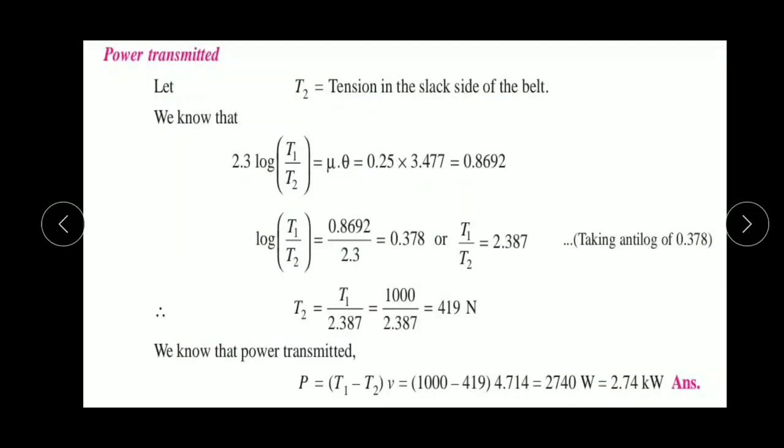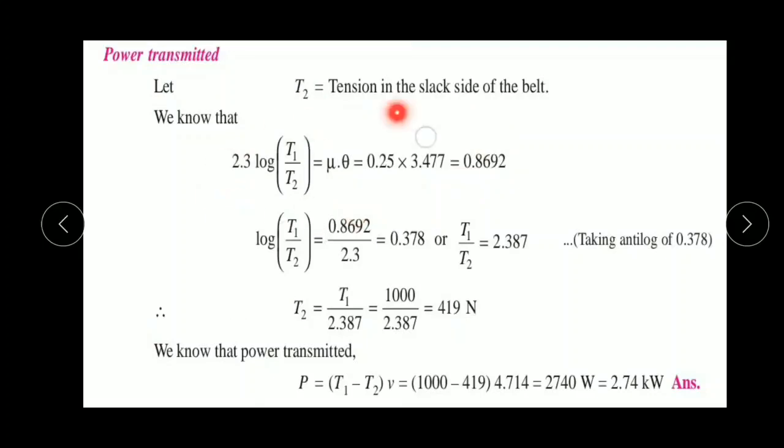And the last one we have to calculate is the power transmitted by the belt. We know the formula for the power transmitted by the belt, P equal to (T1 minus T2) into velocity of the belt. Given that T1 equal to 1000 Newton, but T2 is not given, and velocity we had already calculated, that is 4.714 meter per second.